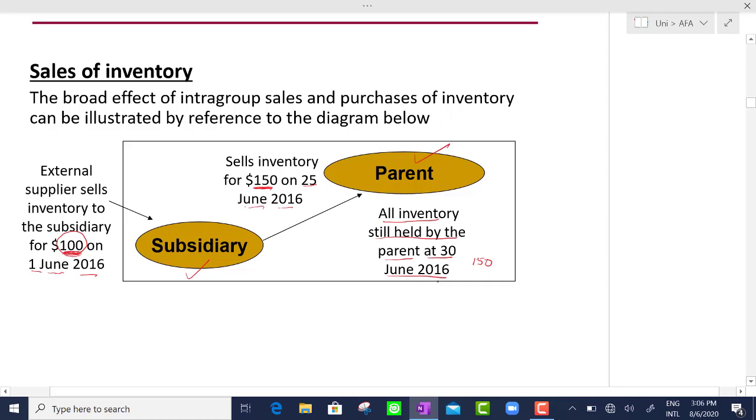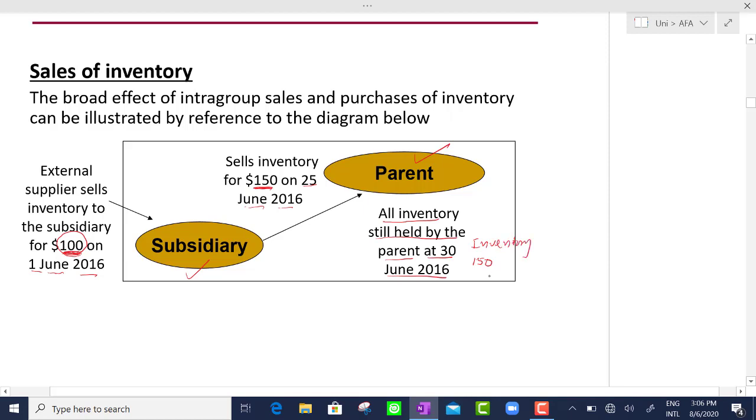That is right from its side, because the parent purchased it for 150. It is still held by the parent, meaning it has not been sold to an outside customer. So this 150 is still in the parent's inventory.